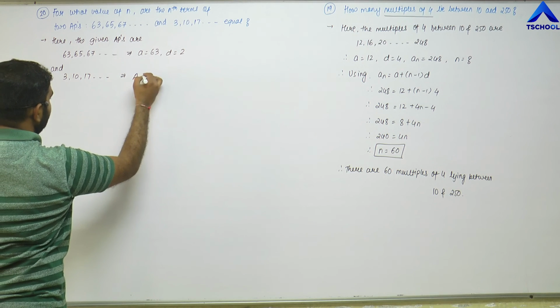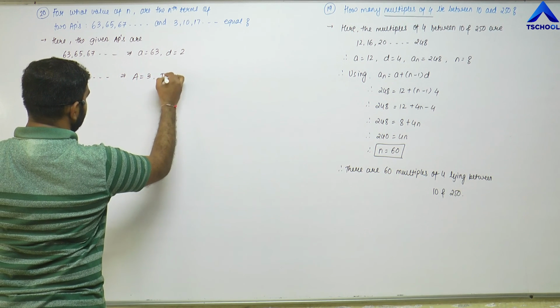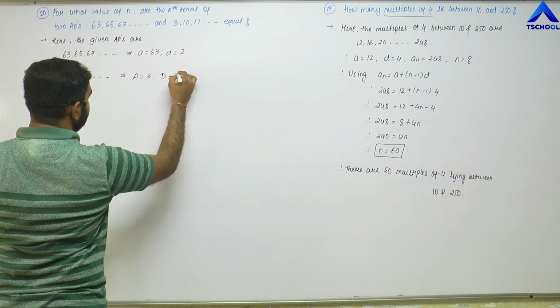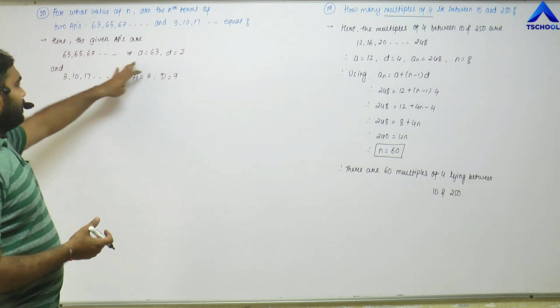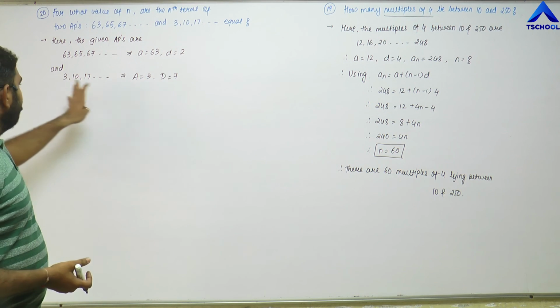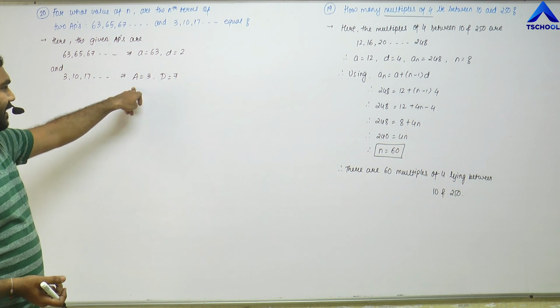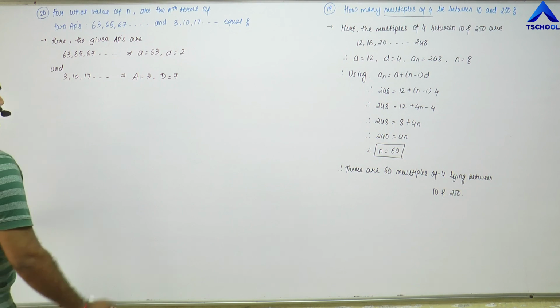So that will give me, let us make a difference here, that capital A is equal to 3 and capital D is equal to 7. Right? Because both the APs are different. First terms are different, common differences are also different, right? So let us make a difference here, that the first AP has small a as the first term and small d as the common difference, and the second AP has capital A as the first term and capital D as the common difference.